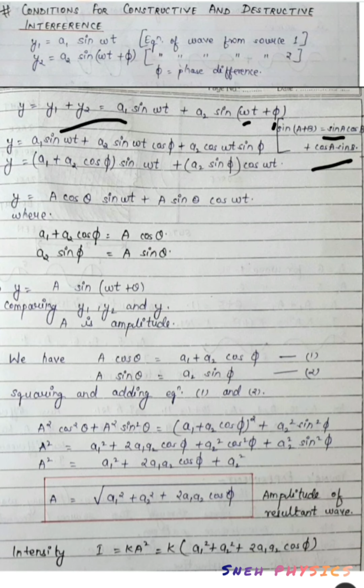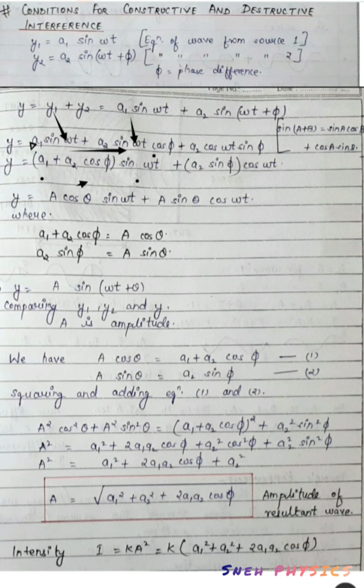So a2 will be as it is, and sine omega t plus phi we expand using the formula: sine omega t cos phi plus a2 cos omega t sine phi. Now we can take sine omega t common from the terms containing it, and we are left with a1 plus a2 cos phi.